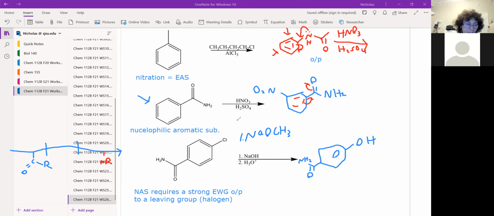And the EWG is important. No, you don't have to know the mechanism for this. Good question. Just know the requirements.